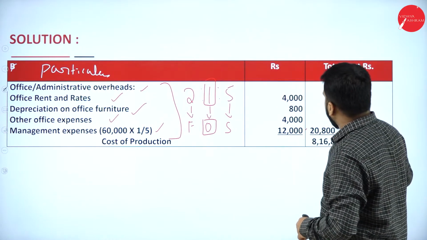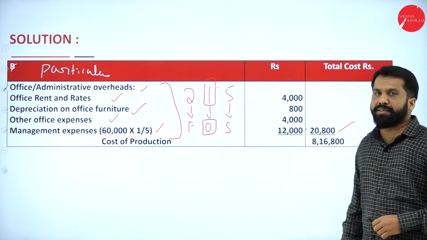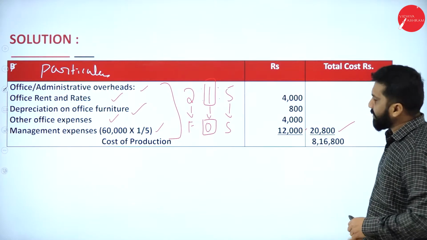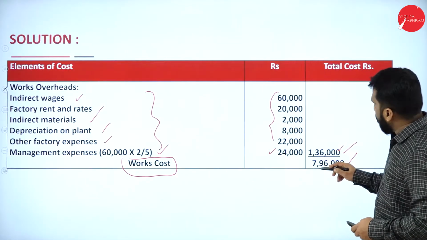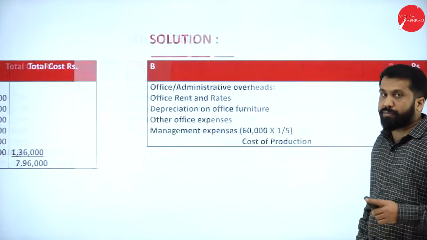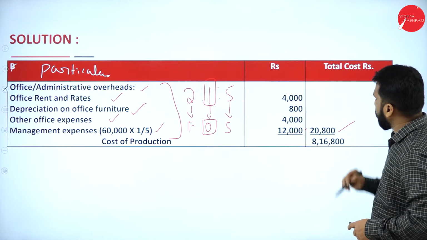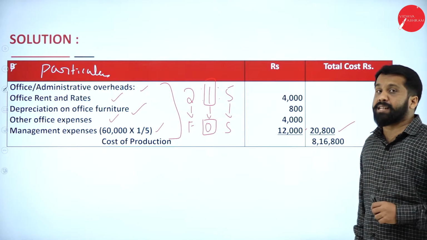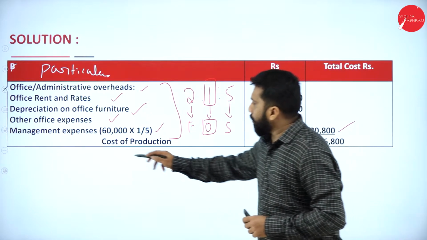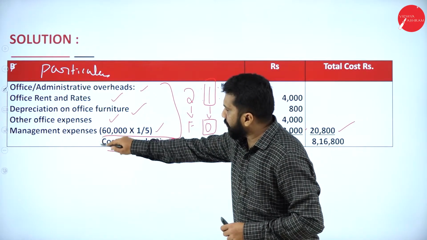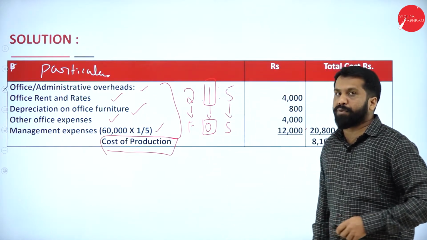So add everything, you got 20,800. How come you got 8 lakh 16? I'll go back. Earlier it was 7 lakh 96. For that you add 20,000, you will get 8 lakh 16,000. What is this? Cost of production.